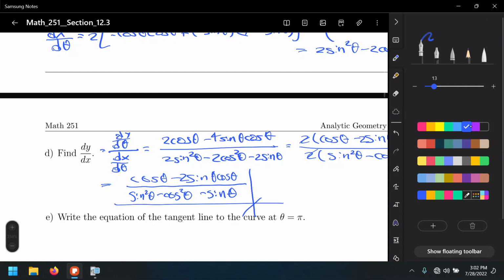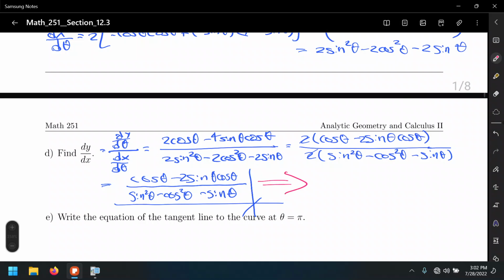So this is the actual final answer here. But an alternative version is cosine theta. This 2 sine cosine is an identity. That's sine 2 theta. And sine squared minus cosine squared, well, actually, the backwards version, cosine squared minus sine squared, is cosine 2 theta.